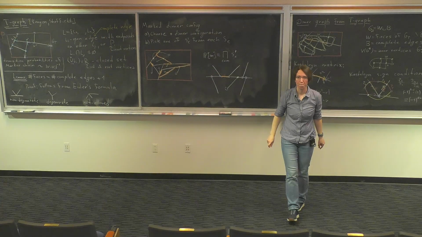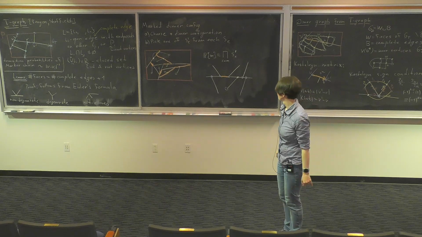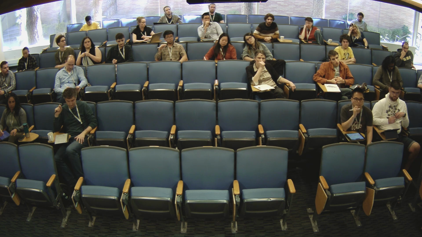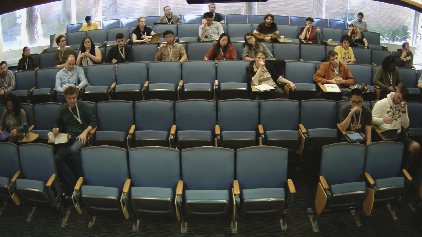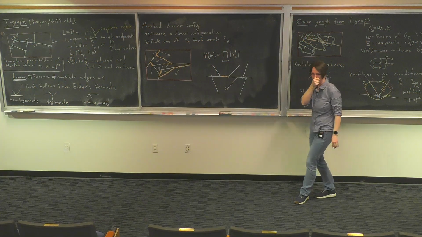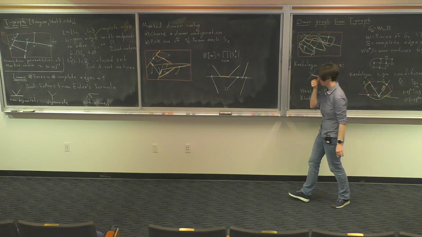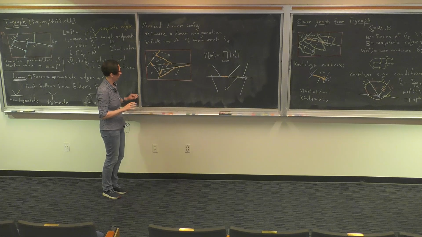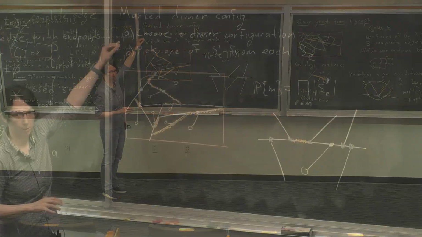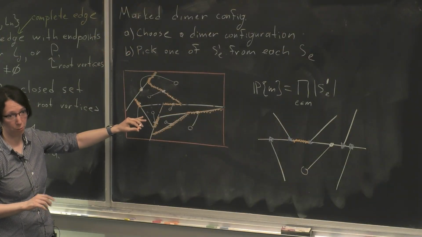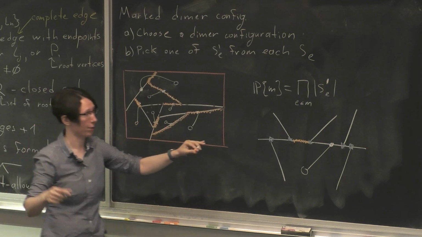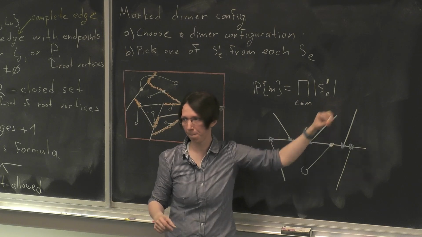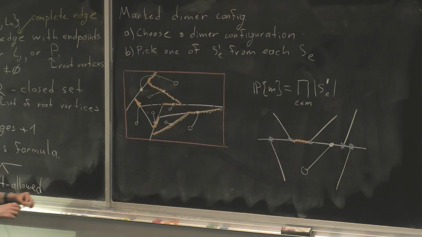When you multiply, S prime of E is the length. Yes. So we first choose a dimer configuration, and then we choose pieces, which gives us the measure on marked dimer configurations.